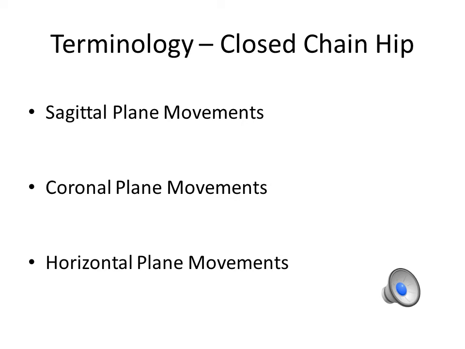To demonstrate coronal plane movements in closed chain at the hip, stand on one leg. This leg is your fixed leg, also known as your weight-bearing side or support hip.